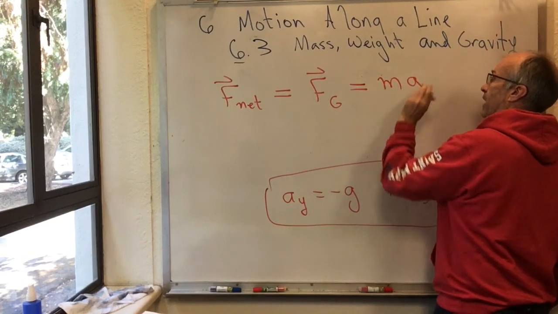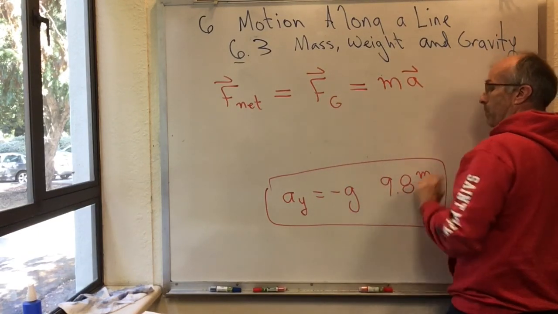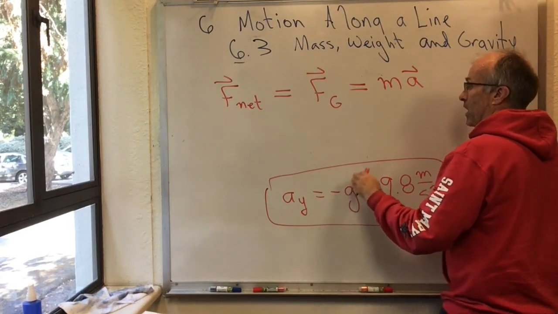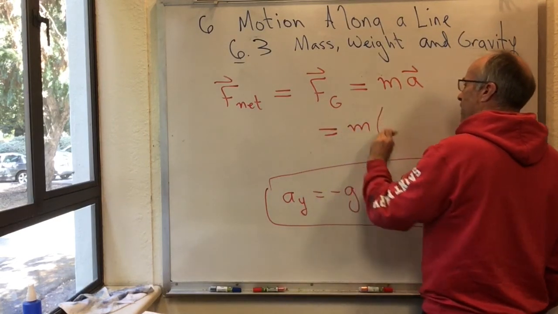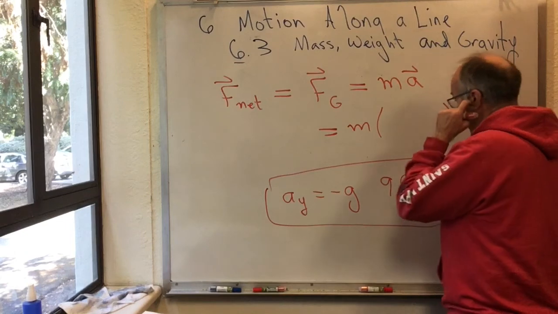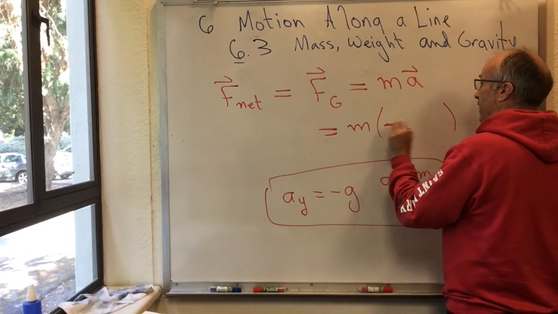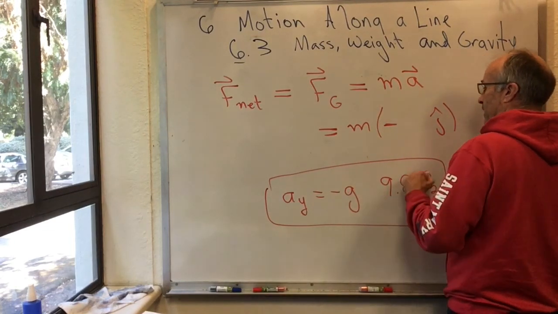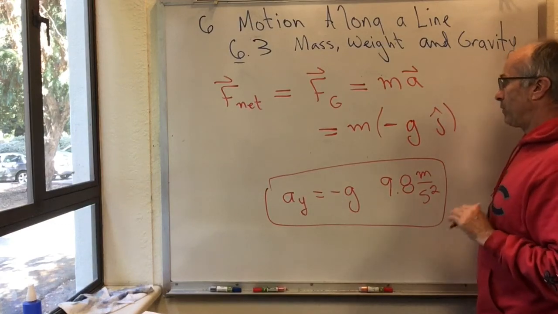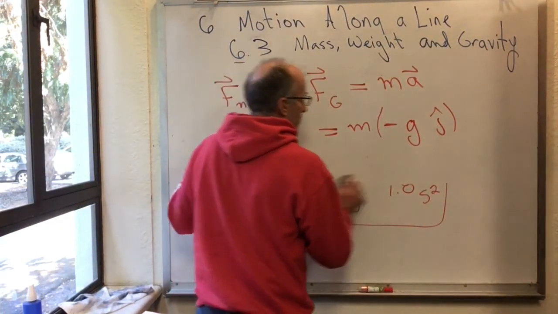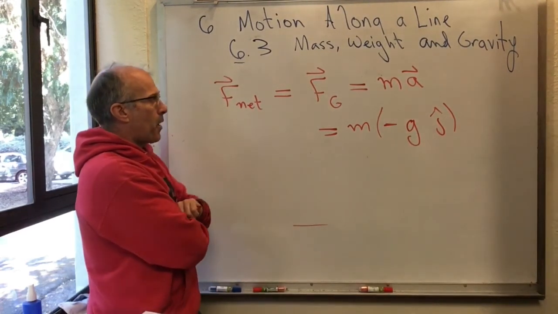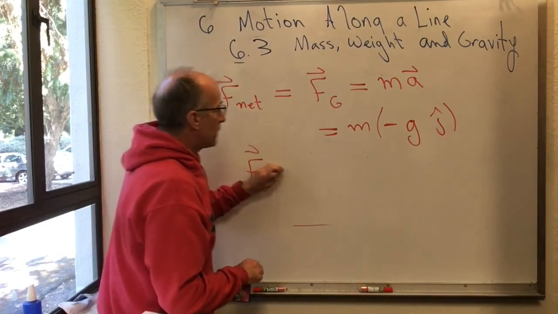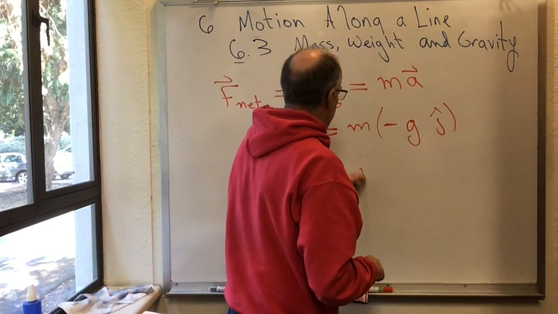Newton's second law says F g is m a. But we see that the only component of a is in the y direction and it's minus g. So we've got m times, to make a vector in the minus y direction, a minus j hat, and to give this vector length g, a g there. So what we just learned is that for a particle in free fall, F sub g is minus m g j hat.